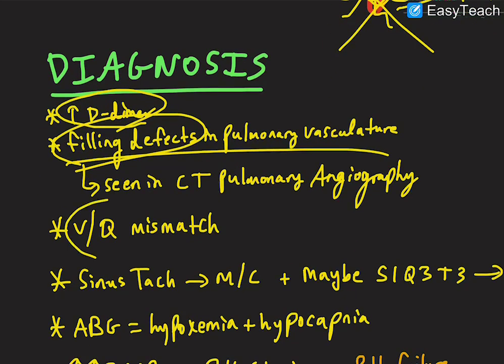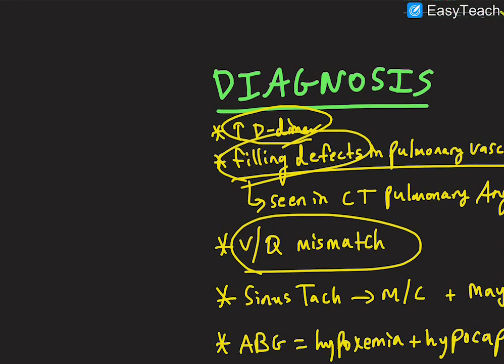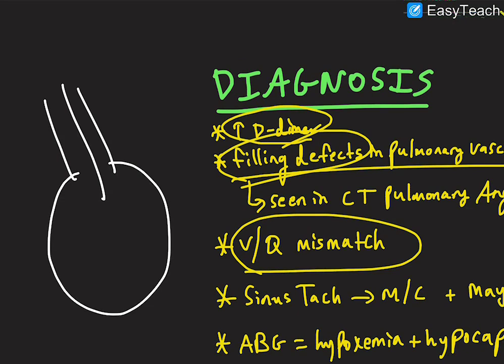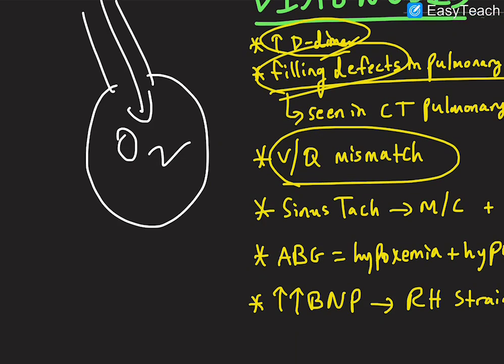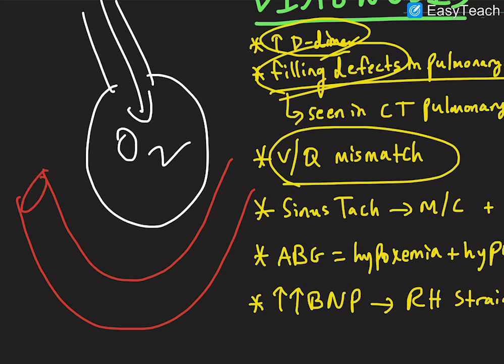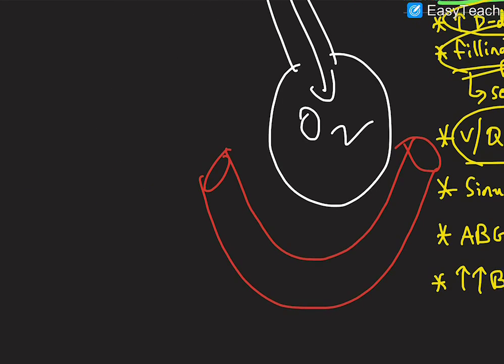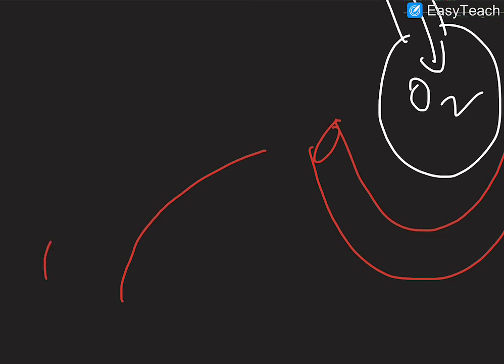And then we would also see a VQ mismatch, because you may be getting good ventilation, good oxygen into your alveoli. But remember, your circulation is messed up. If this is your capillary, you have your pulmonary artery here, which eventually branches into pulmonary capillaries.